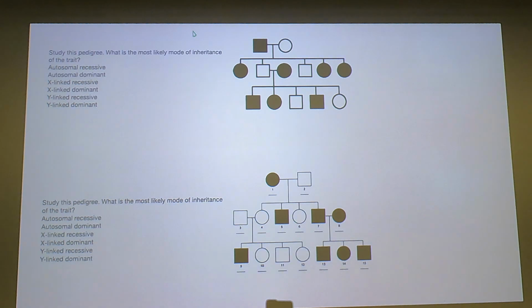I gave you some pedigrees. Oh, this will be interesting. So let's look at this first one right there, and ask, what is the most likely mode of inheritance of the trait? There's a bunch of possibilities I gave you. What did you say? X-linked dominant.